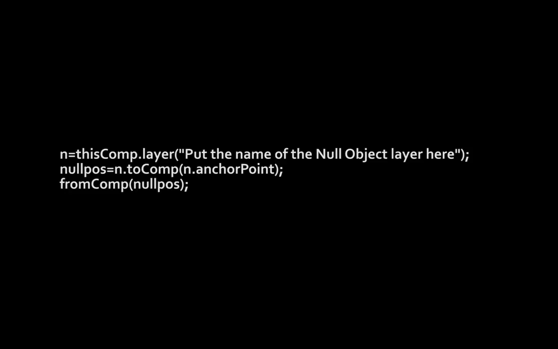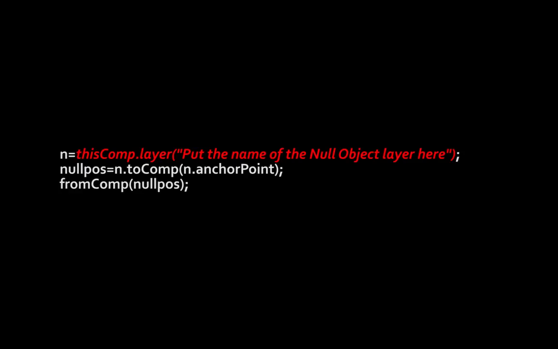What this code does, for those of you who haven't seen the other videos that I've done, is it tells the puppet pin to follow a specific layer's anchor point. So essentially I've just pasted this chunk of code in and I'm replacing everything on the top line between the equal sign of n equals and the semicolon, the thisComp.layer blah blah blah, I pull out and delete and replace with the layer that I want to track.